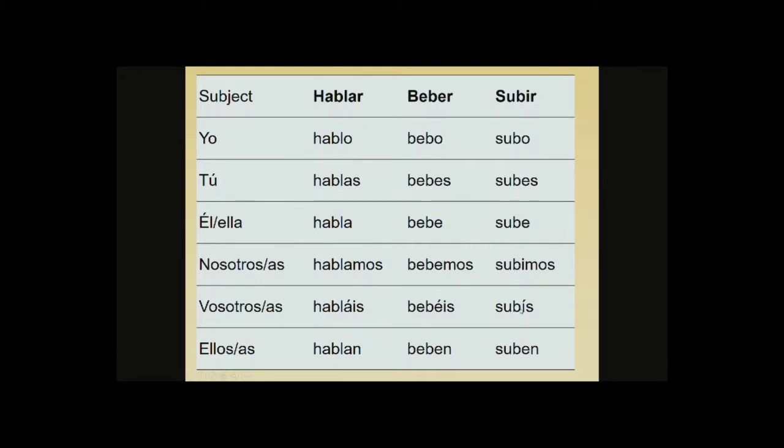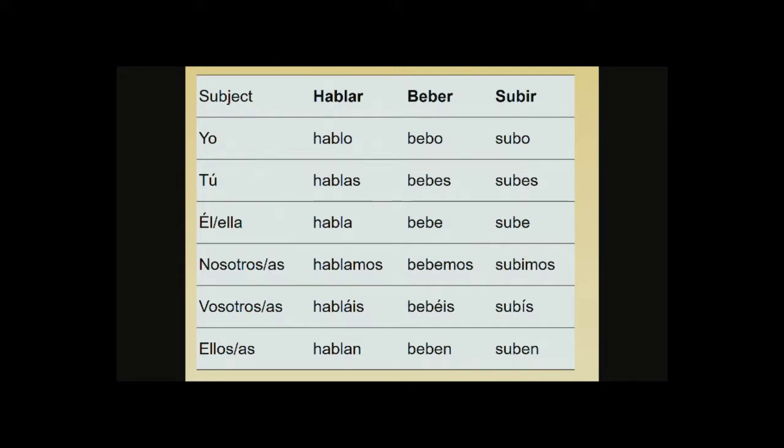How many of you would have spontaneously come out with subís? Most of you? All of you? None of you? Maybe? Who would have come out with subís as the vosotros form of subir? Be honest. So not that many. So remember that then, it's ís.